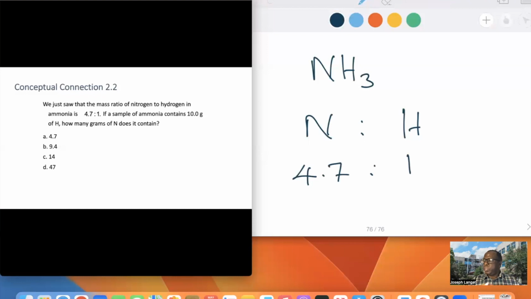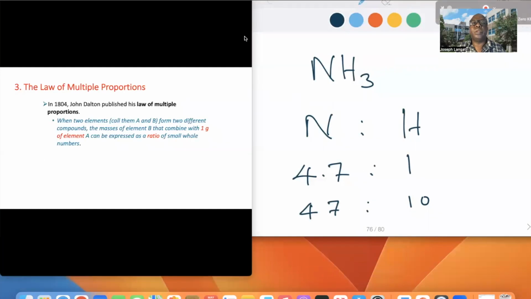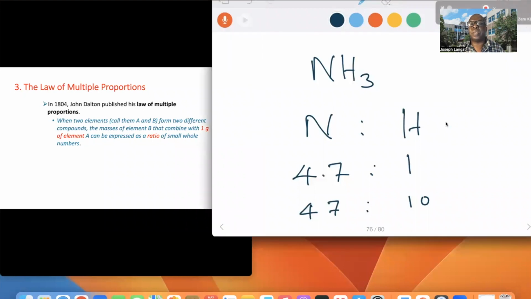This means if we have 10 grams of hydrogen, we'll have 47 grams of nitrogen. How many grams of N? N stands for nitrogen here. Using this constant proportion, I'll just multiply by 10 so that we have that as the ratio between the two.